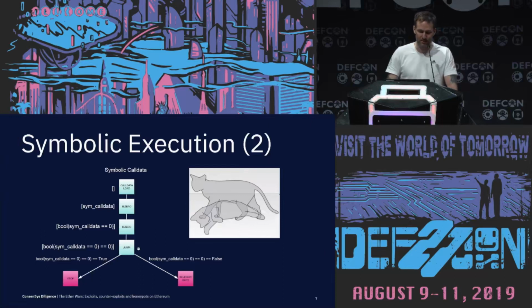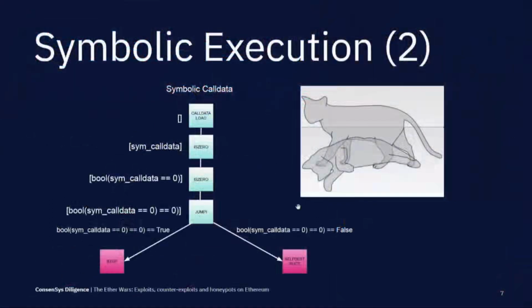So we can say that if the first function argument is true, and this actually looks a bit complicated because that's what the Solidity compiler produces, but it ends up meaning if it's true, then the cat survives. If it's false, the cat dies.